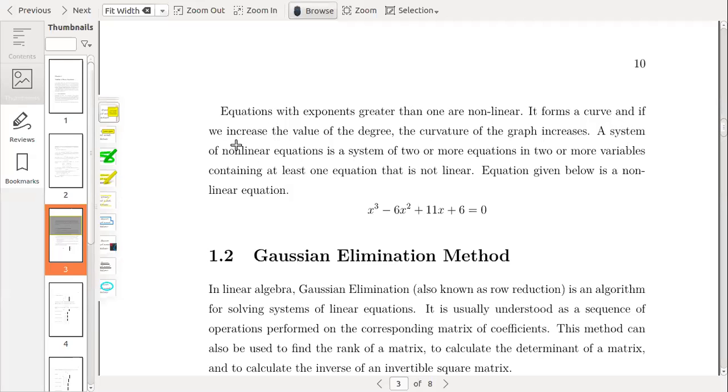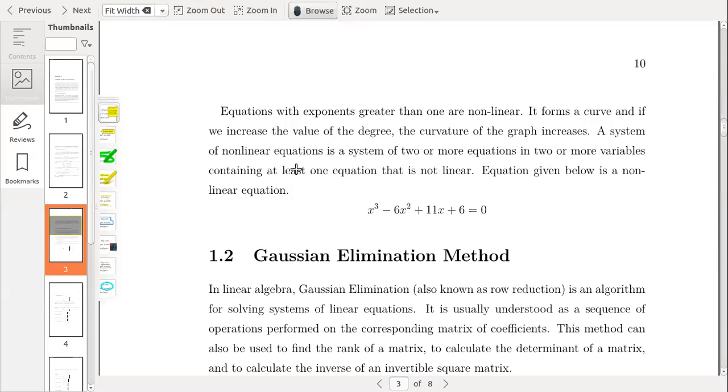So if we increase the value of the degree, the curvature of the graph increases. It means the graph will bend more than the previous one. So as soon as we increase the value of the degree, the curvature of the graph will increase.